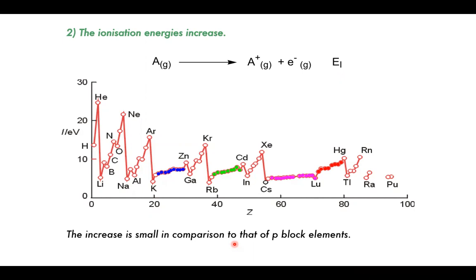But in the case of the d block, we're removing electrons from orbitals which are degenerate, or largely degenerate, especially in the gaseous form. And that ultimately means that there's not really a big increase in energy as we go from one to another.